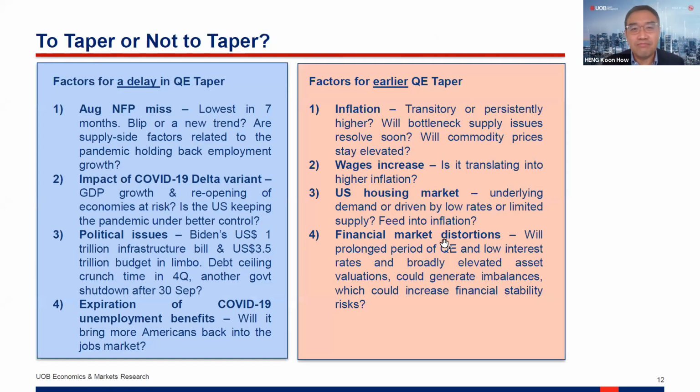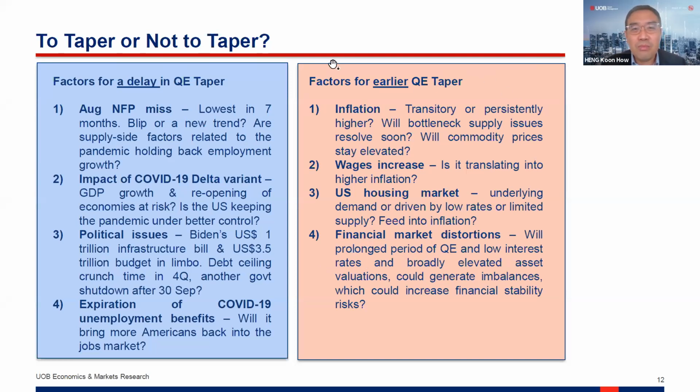So where do we stand from here? We have a lot of debate on whether the Fed will start to taper or not. And I think this debate is also the same for any asset class you invest in, whether it's FX, equities, fixed income, commodities, and so on and so forth.